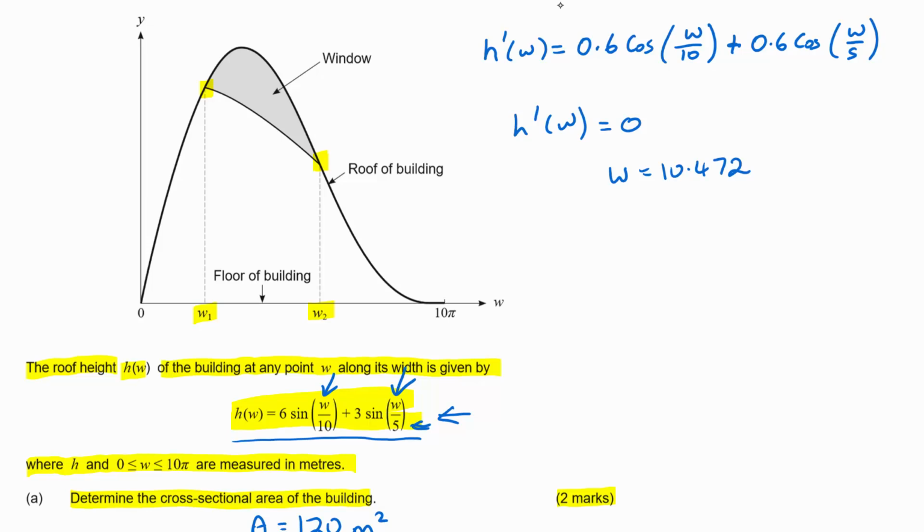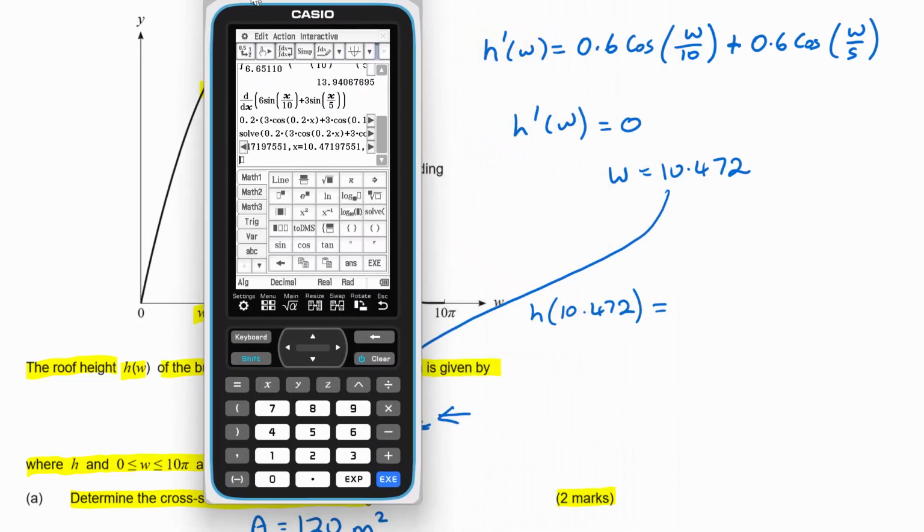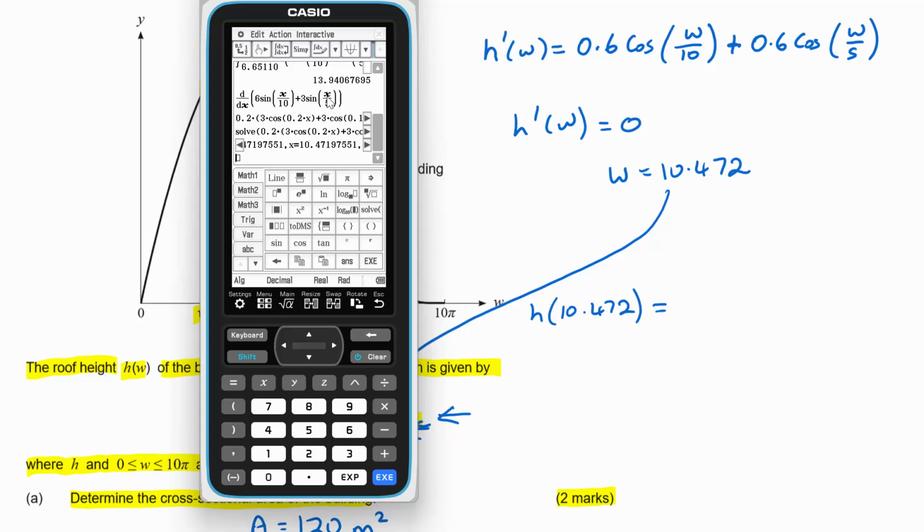Okay, and so the maximum height, all we need to do is substitute back in here and work out h of 10.472. And once again, we can use the CAS to do that quite neatly. So this is my h.